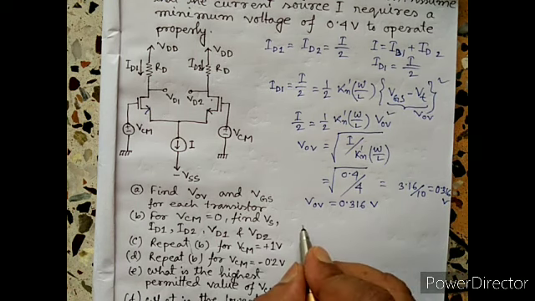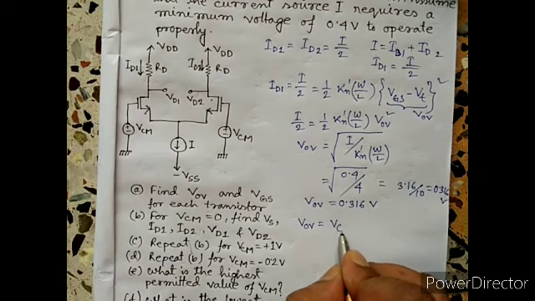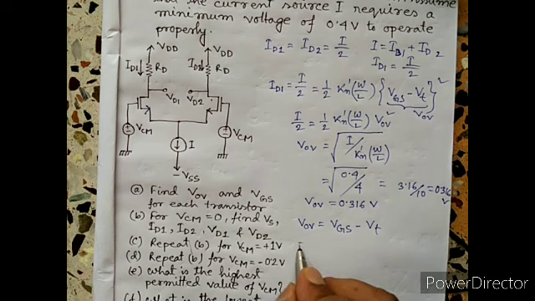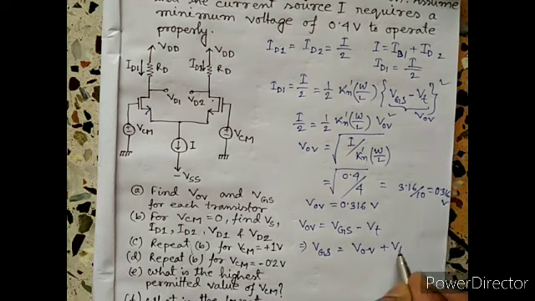Now the overdrive voltage equals VGS minus VT, so VGS equals the overdrive voltage plus VT.